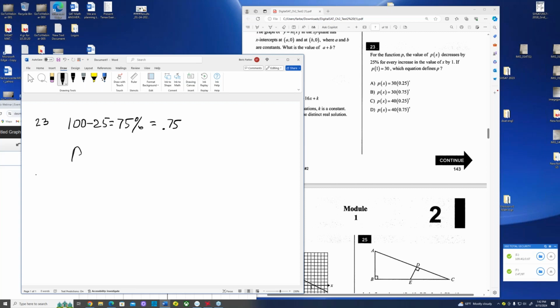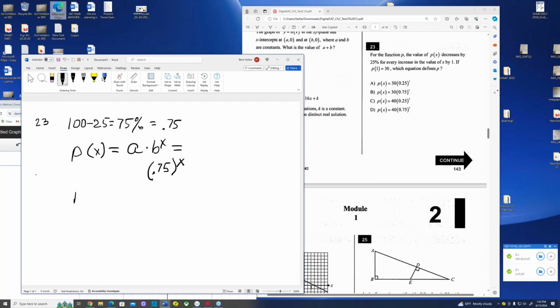Now P of x, you can write this exponential function, usually in the form a times b to the power x. In our case, b equals 0.75, to the power x.